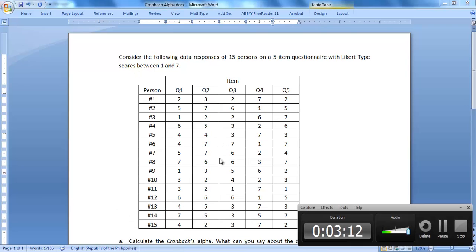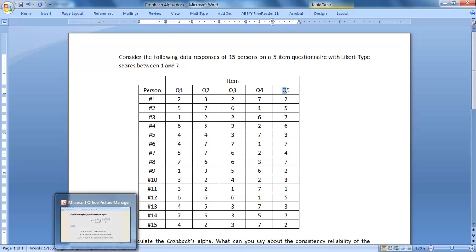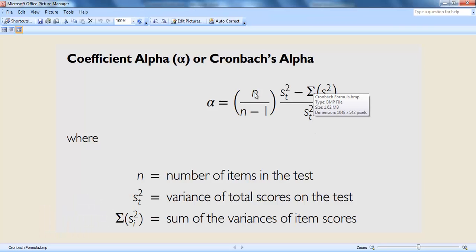So in our formula, you have here n, so this is 5 items divided by 5 minus 1. So you have 5 divided by 4. So that's easy.